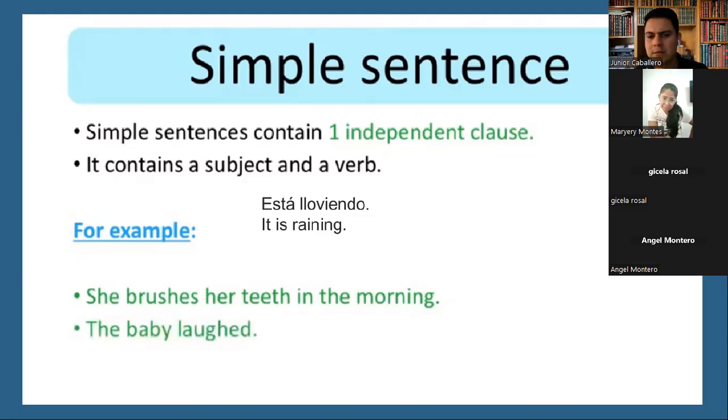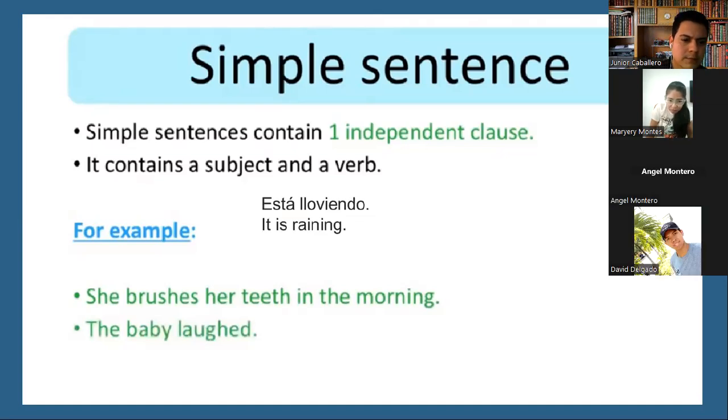No, simplemente nos está dando más información en cuanto a esa oración, pero no hay otro sujeto, no hay otro verbo. Al final tenemos un solo verbo, brushes, y un sujeto que brush, sería she.